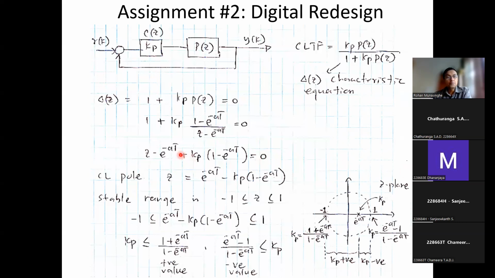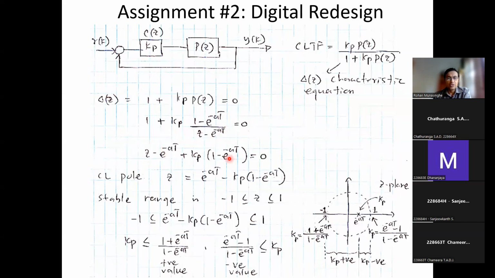If you just check the characteristic equation, that is 1 plus KP constant times P(z), you will write it like that, because P(z) is already known, (1 minus e to the minus aT) over (z minus e to the minus aT), that we have derived earlier. And then you simplify it.